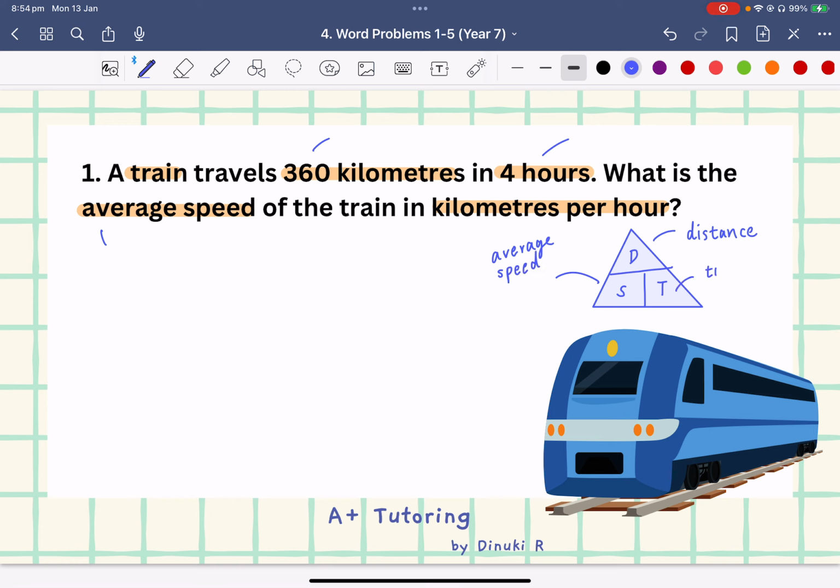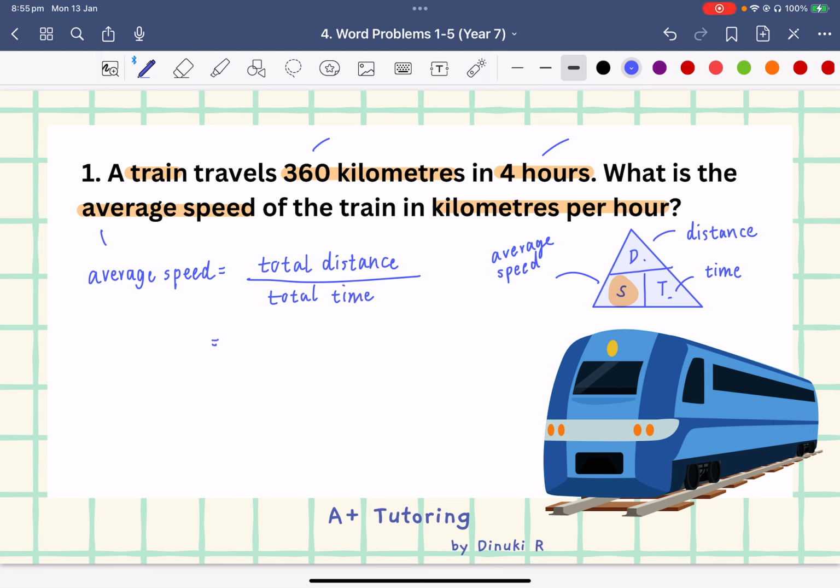And T represents time. So to figure out the average speed of the train, all we need to do is to look at the S, right? When we isolate the S, we're left with D over T, which means average speed equals total distance over total time.